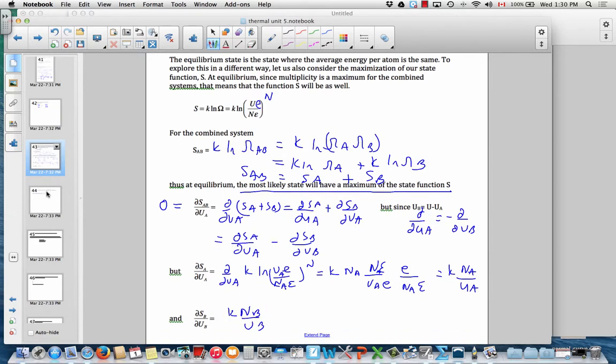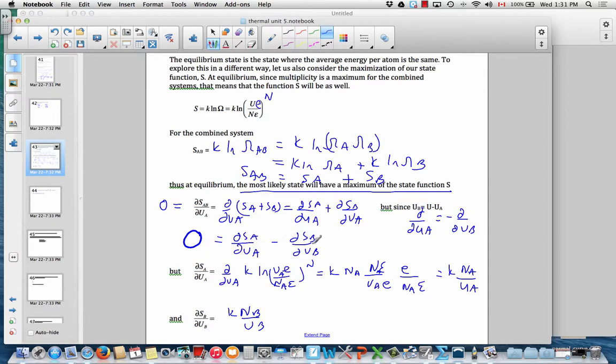So the equilibrium condition implies that because this function S has to be a maximum, I should put 0 here, that these two quantities are the same. Derivative with respect to, let's try and do that again a little more neatly this time. My pen sticks sometimes.